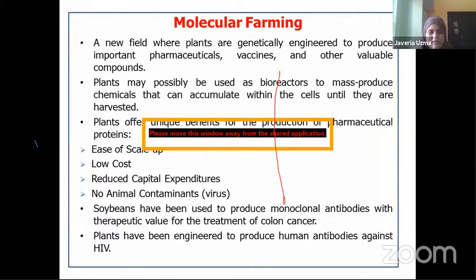So it will be very expensive. So plants, as they can be directly grown in farms, you can get large amount of product using plants.